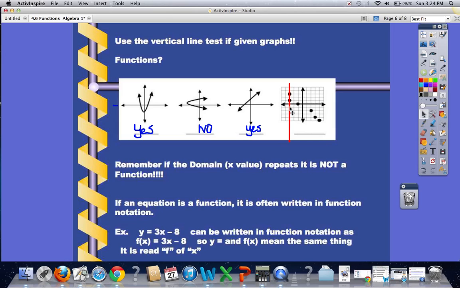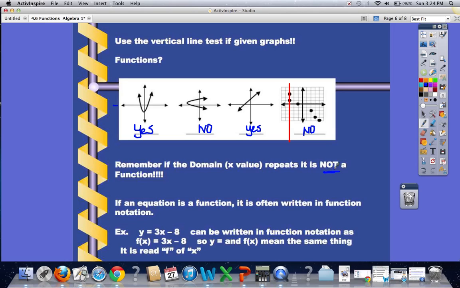Right there it's touching those two dots. That means that x value repeated because it's at negative 3 there and negative 3 there. So this would be not a function because it failed the line test. It's going through 2 points already at one time. So remember, if the domain or the x value repeats, it is not a function.